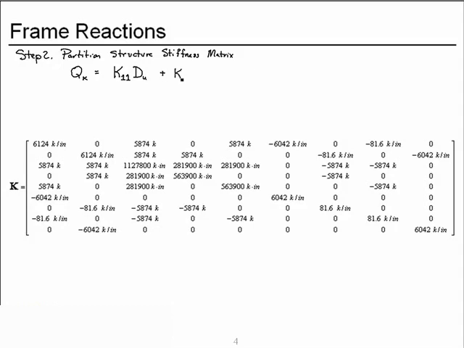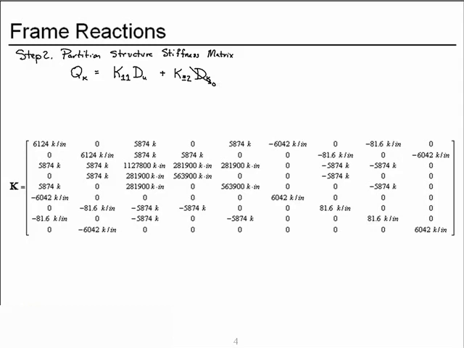We add in this portion of the matrix, which is forces at unconstrained degrees of freedom due to deformations at constrained degrees of freedom, times our known deformations, which occur at the constrained degrees of freedom. In this case, they're all 0 because there are no support settlements and no support rotations.